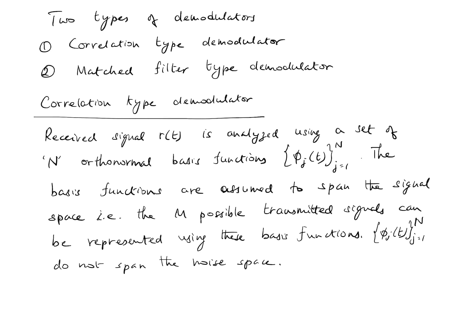If you look at the demodulator implementation, we can do it in two ways. The first type is called the correlation type demodulator, and the second type is called the matched filter type demodulator.